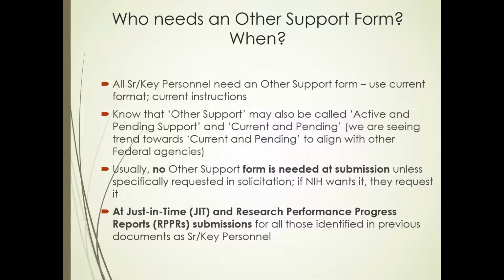Normally, you don't need these at submission unless the specific solicitation asks for it. I've only seen that once or twice. Most of the time, they're going to ask for the other support form when they request just-in-time paperwork from you in anticipation of a possible award, or as you're doing your research performance progress reports. And those will be requested for everyone that you previously identified in the proposal submission as a senior or key person.